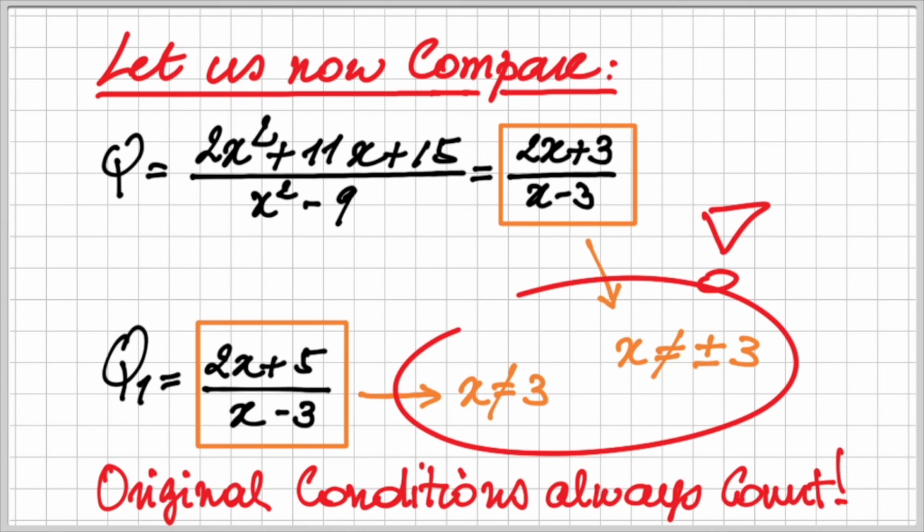So basically, we have to say the original conditions always count. Although the formulas may look the same, they were from different starting points, and based on that, there are different rules, different conditions to follow.